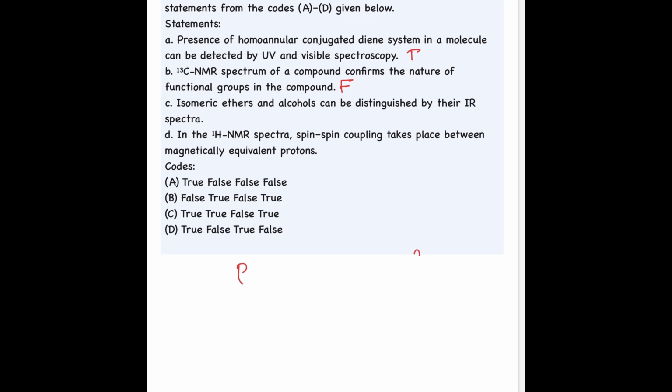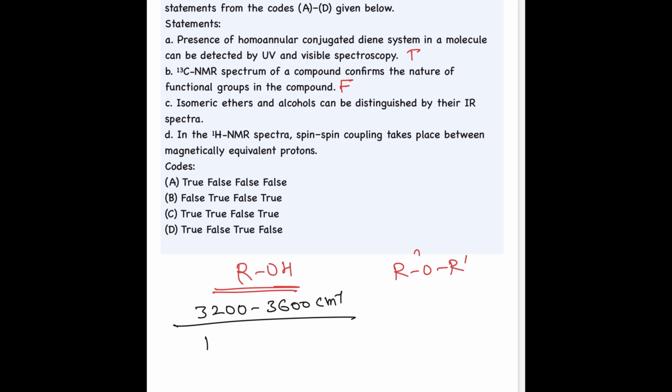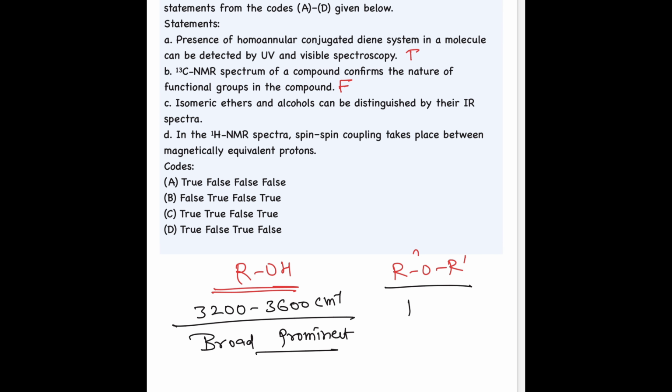In the alcohol there is a prominent peak, again as we discussed in the previous question, that is a broad and prominent peak obtained in case of alcohol, while in case of isomeric ether there is a CH3O peak, that will be around 1000 to 1300 centimeter inverse.